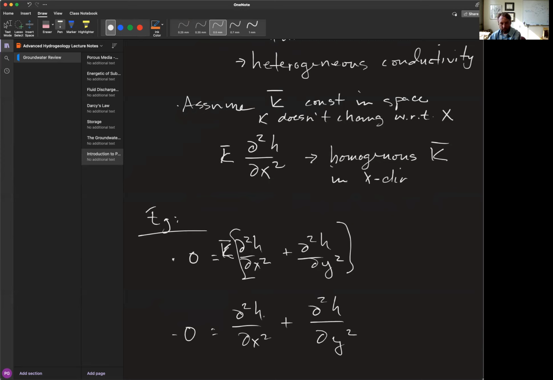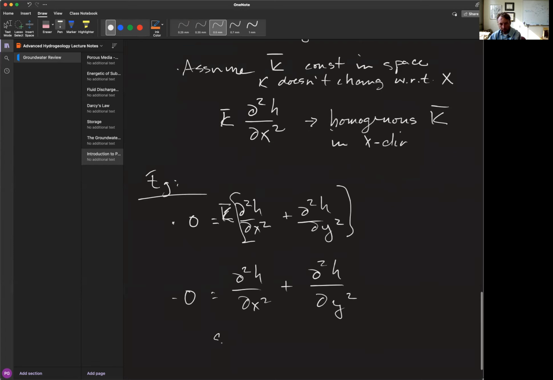And this is valid for steady state, homogeneous, 2D flow. So if I see this partial differential equation, I know exactly what the people using it were thinking about doing. They were thinking about a homogeneous two-dimensional flow system, which for various reasons we may want to assume our groundwater system behaves that way, because there are lots of good equations and solutions to Laplace's equation.